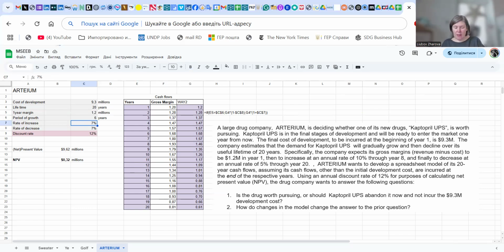The next step is the decision-making process. You can say, okay, what will we do? It's still not losses, so maybe for the company it's better to invest in this and think about expanding their presence on the market. There can be different incentives for deciding to invest or not.